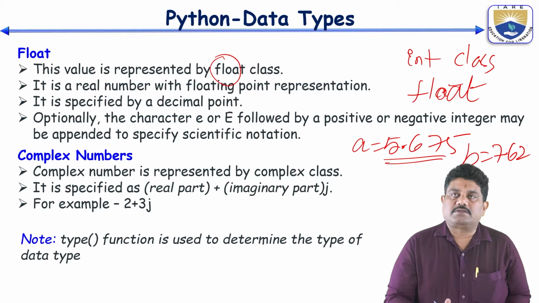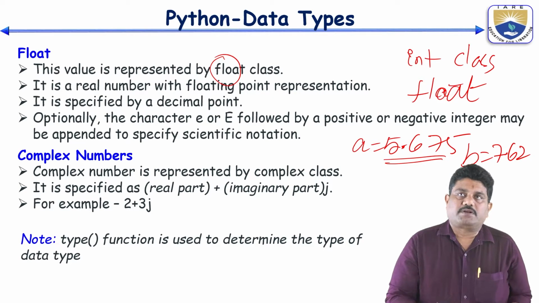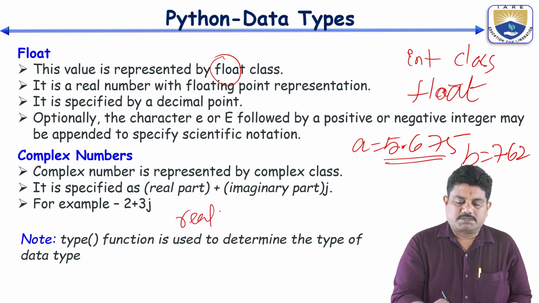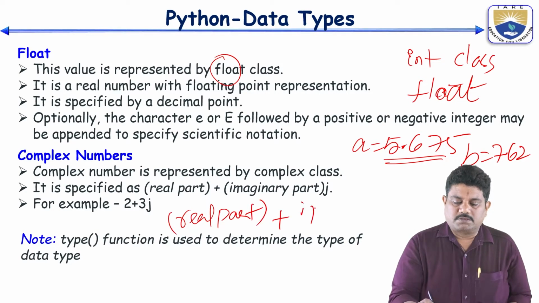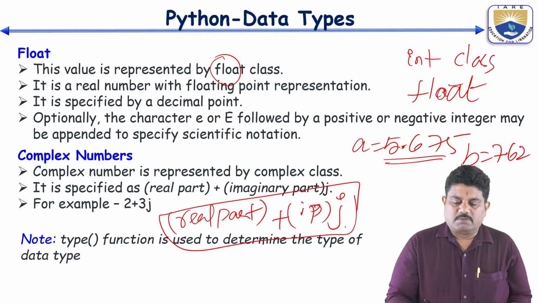And then complex numbers. There is a data type for complex numbers in Python. This data type is just like this: real part plus imaginary part followed by j. For example, 2 plus 3j is a complex number.